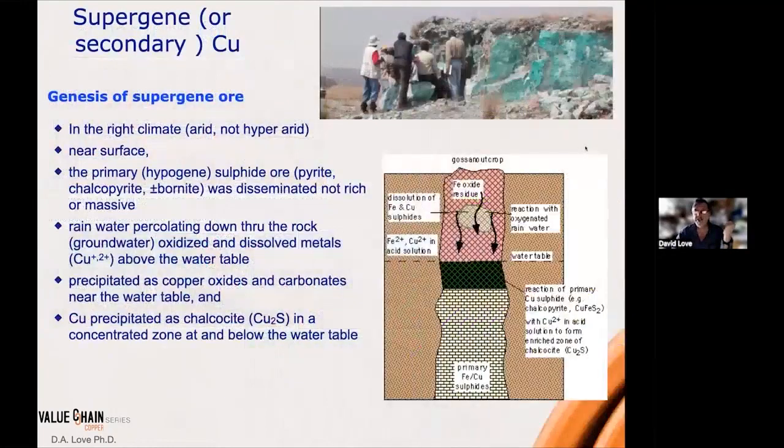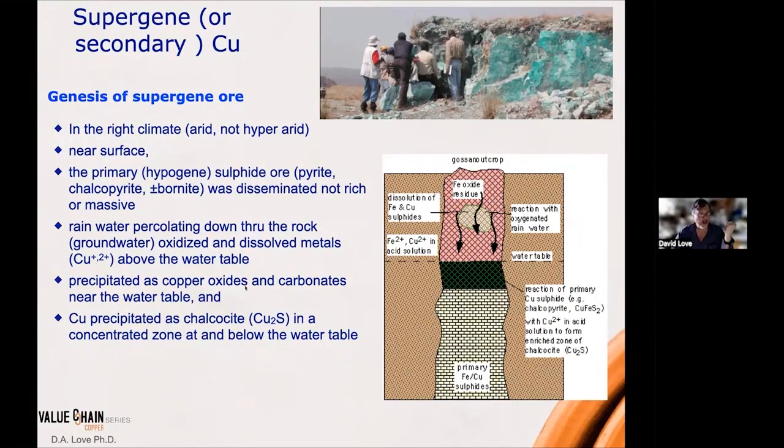That leaching process only happens in the right climate, where it was arid, but not super arid, not a desert. It happens near surface, but in the subsurface. What was originally disseminated sulfide ore, what we call hypogene, gets altered because rainwater percolates down through it and oxidizes it and dissolves the metals from it, leaving behind a leached iron oxide residue.